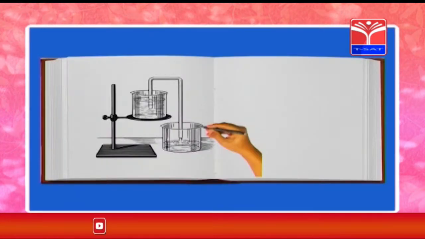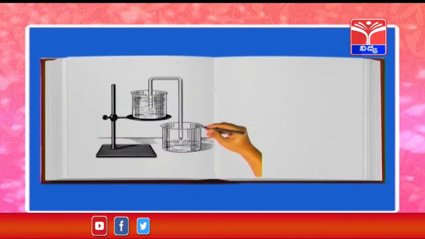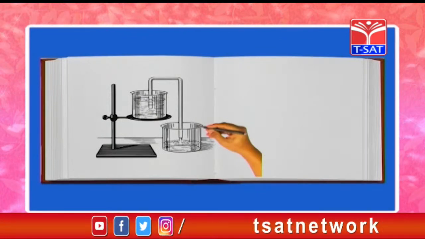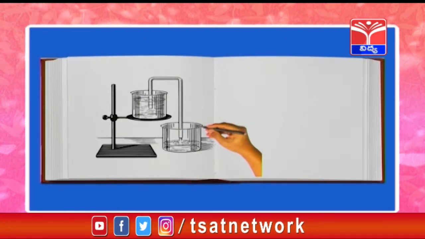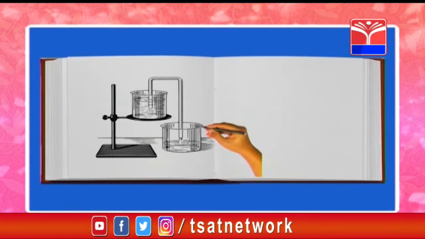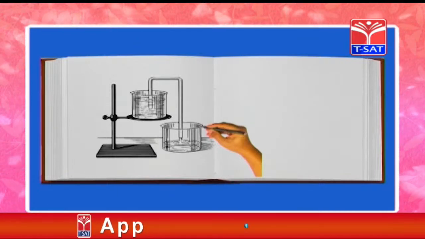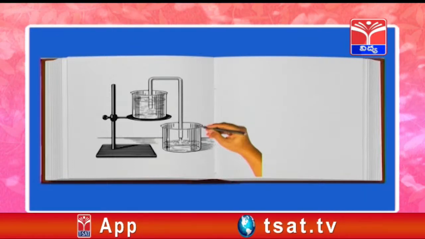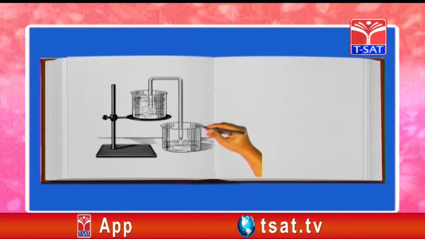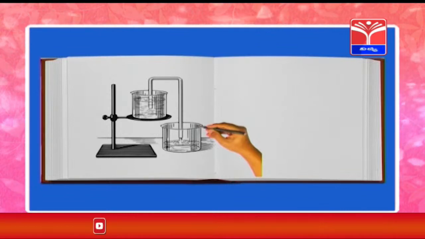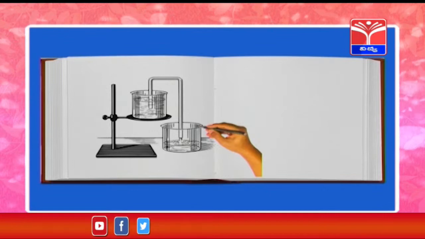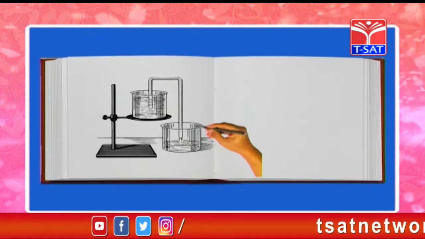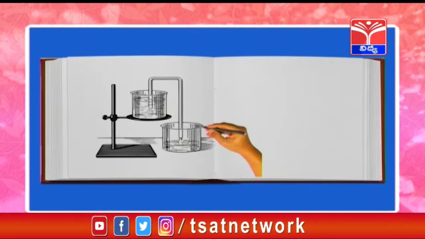When you conduct certain experiments in your laboratory, what do you do, children? You write notes for that experiment, and you will be drawing the process, the apparatus in your notebook. Will you draw to the same size? No, you will be drawing its shape with reduced size. This is how it looks.